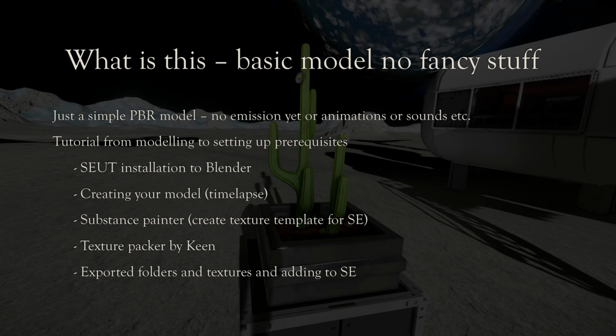So after you have installed Blender, installed Substance Painter, installed the Space Engineers mod SDK, added your add-on for Blender for Space Engineers, then after that you can proceed further with this tutorial.